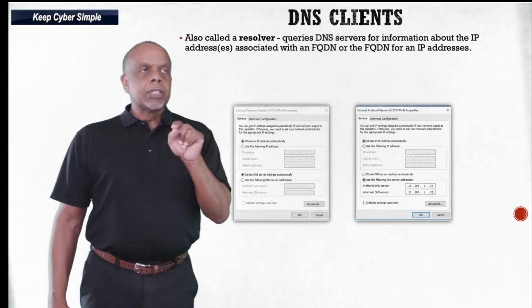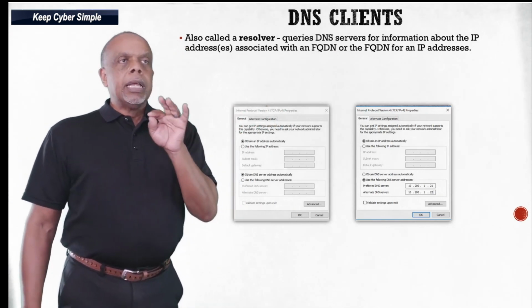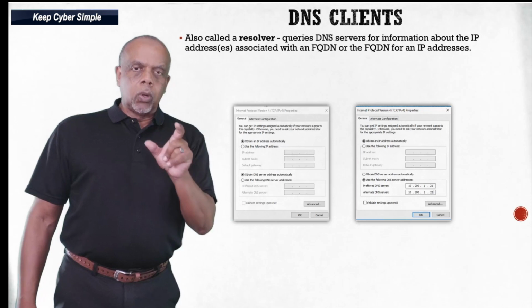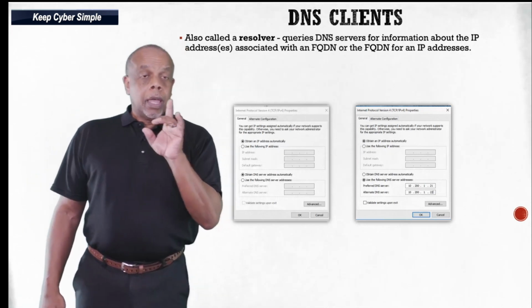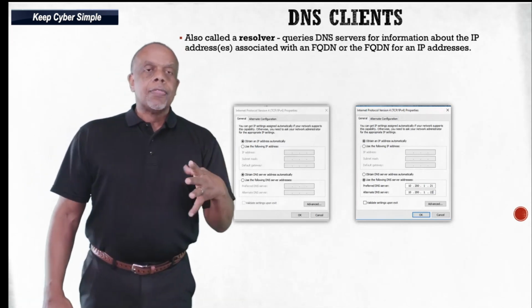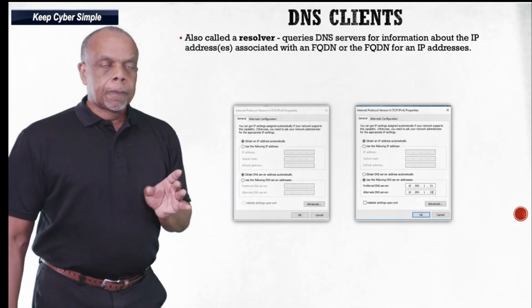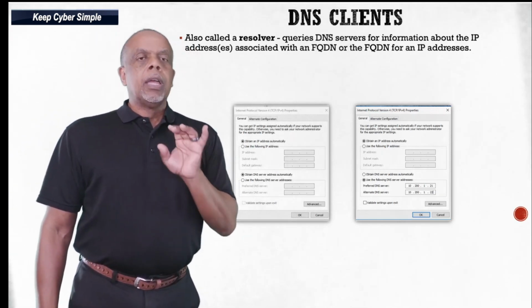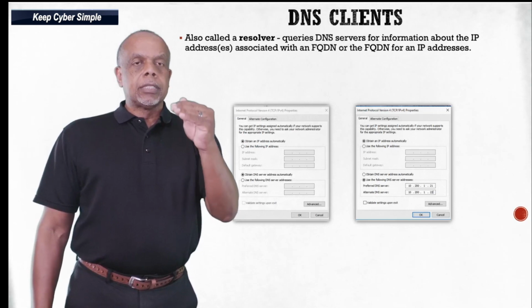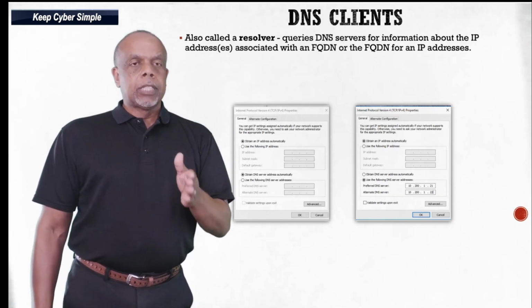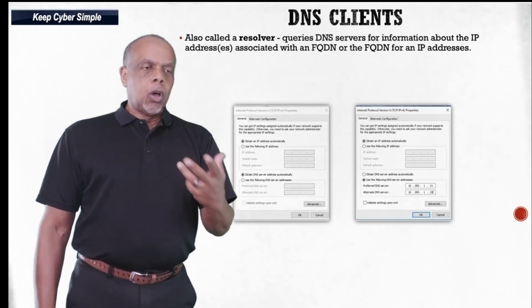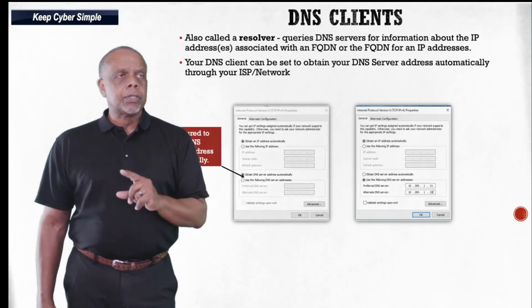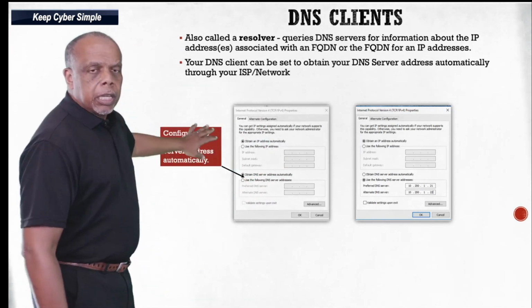Now your DNS resolver is going to query normally the local DNS server, which, for most of us, is our internet service provider. Your internet service provider will provide you DNS services, or local DNS hosting, but you don't have to use that. For instance, this is a Windows example.